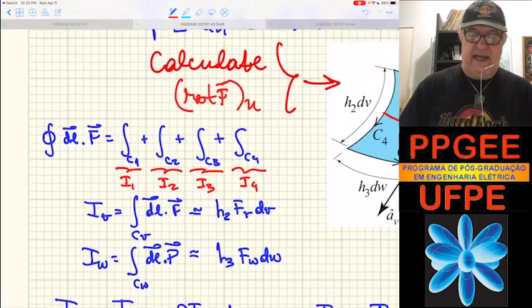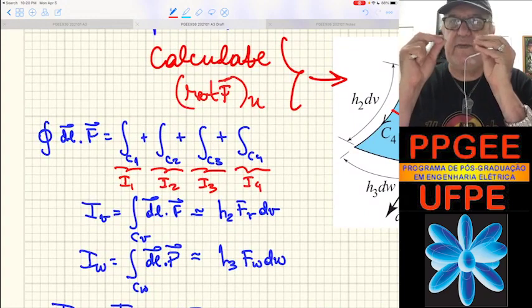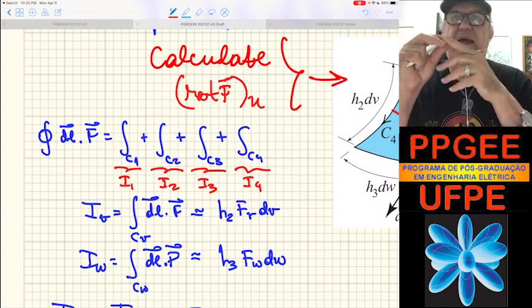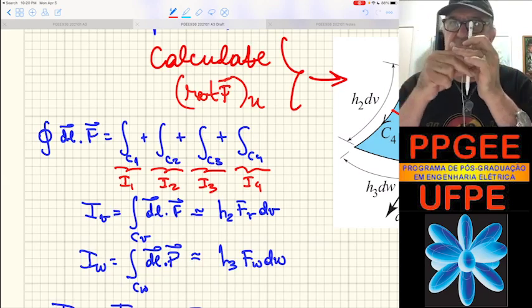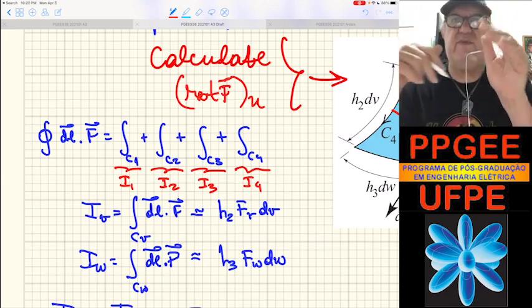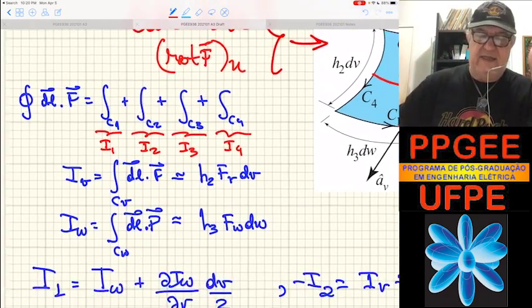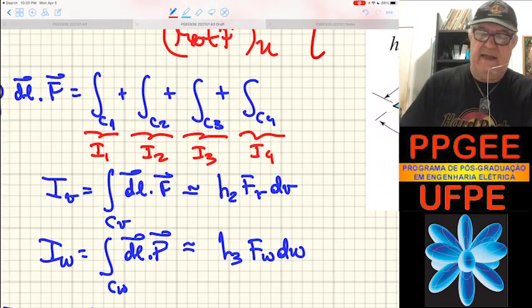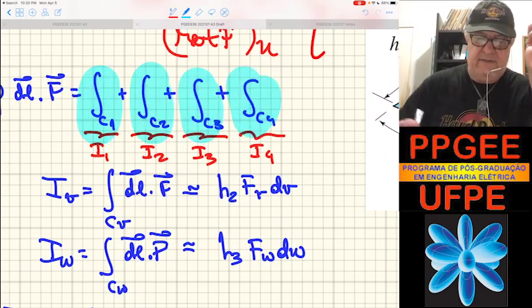So let's calculate, so what we're going to have? We're going to have the expression for the curl in the UVW system, just one single component, which is the U component. Then after we do that, we do the cyclic permutation, right? So that's what we have here. We have the 4 integrals, C1, C2, C3, and C4.